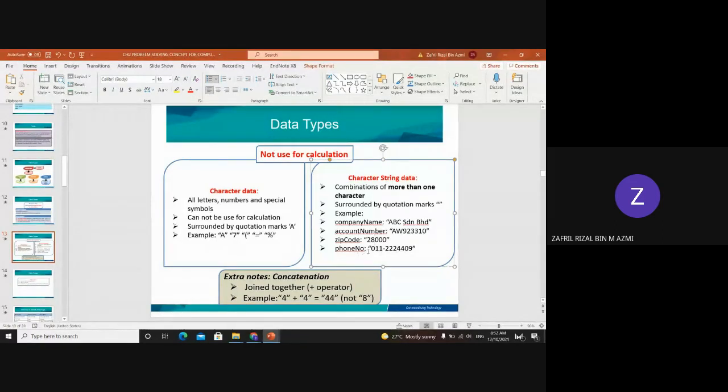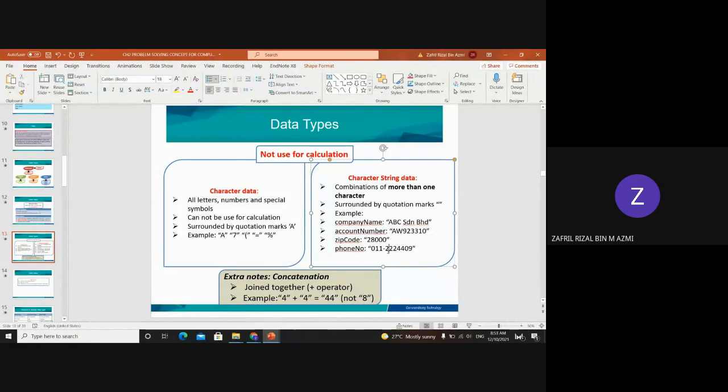How about this phone number? Can I declare it as a numeric instead of string? Yes or no? No. Why? Because it has an operator. Correct.